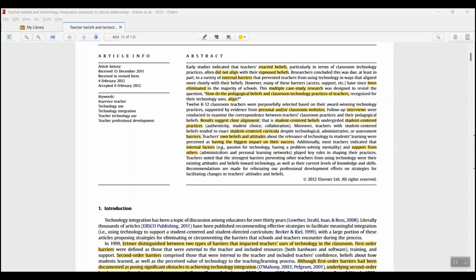Although internal factors and the support from others played key roles in shaping teachers' practices of integrating technology in classrooms, it is also noted that the strongest barriers preventing teachers from using technology were their own existing attitudes and beliefs towards technology and their current levels of knowledge and skills.